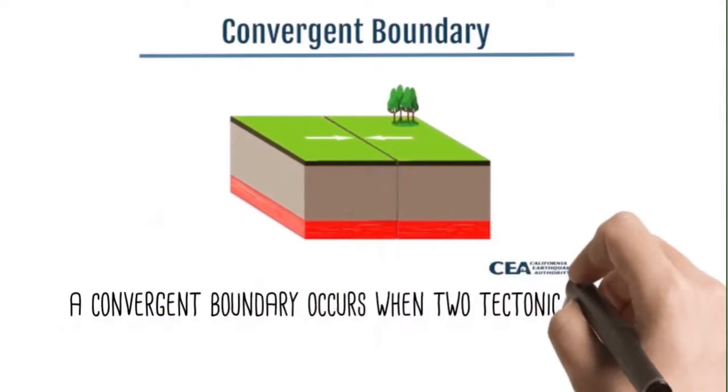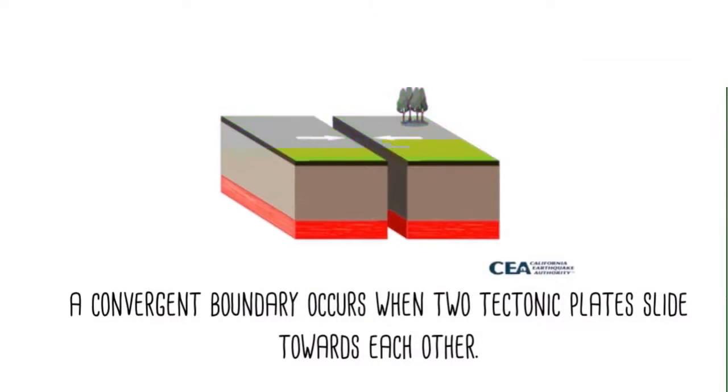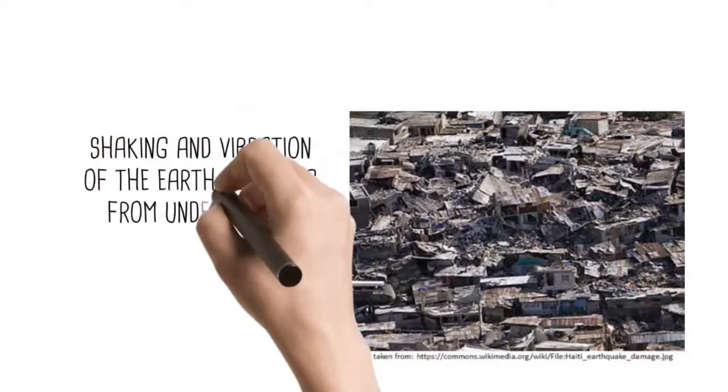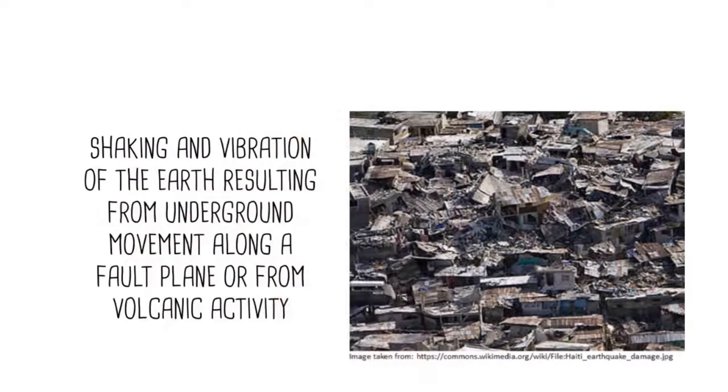Convergent boundary occurs when two tectonic plates slide towards each other. The shaking and vibration of the Earth resulting from underground movement along a fault plane or from volcanic activity is known as earthquake.